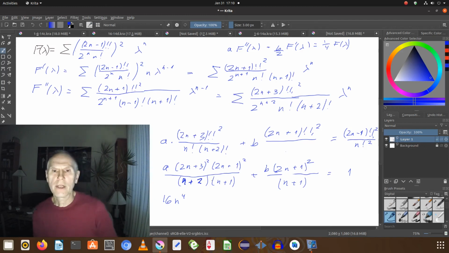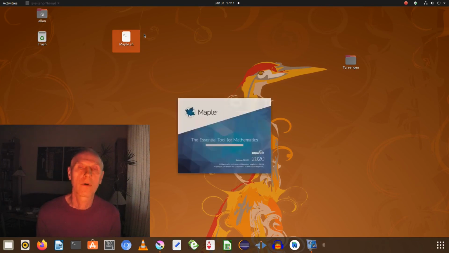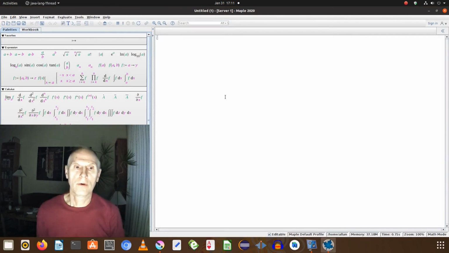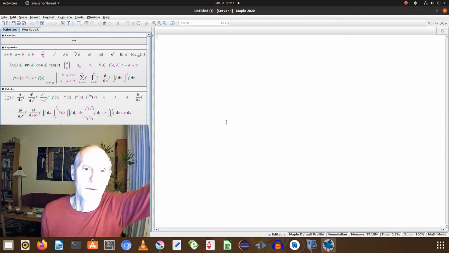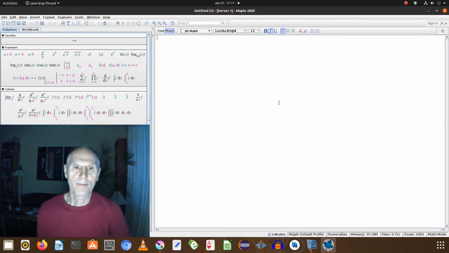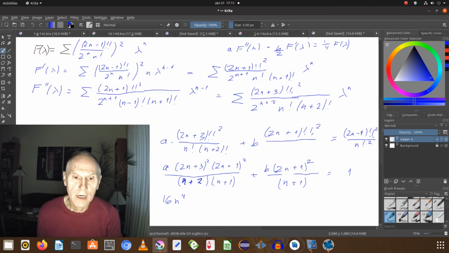This is actually annoying to do by hand, so let's let Maple solve that, and then we can see if it gives the right result. Oh, this is terrible. Now, we need to have Maple rather small, and then this one goes behind it.